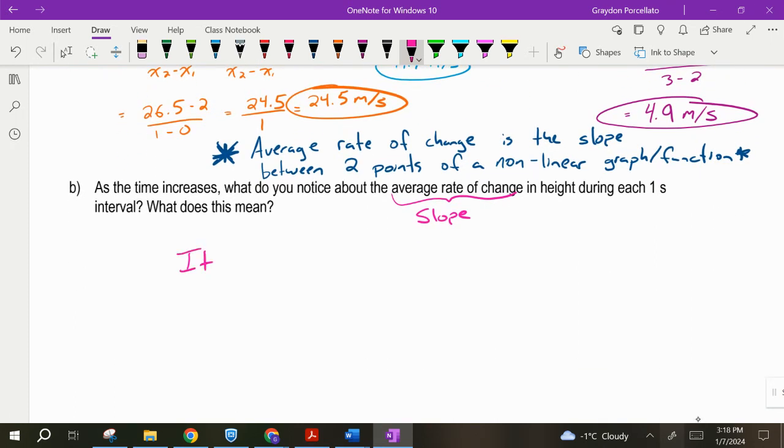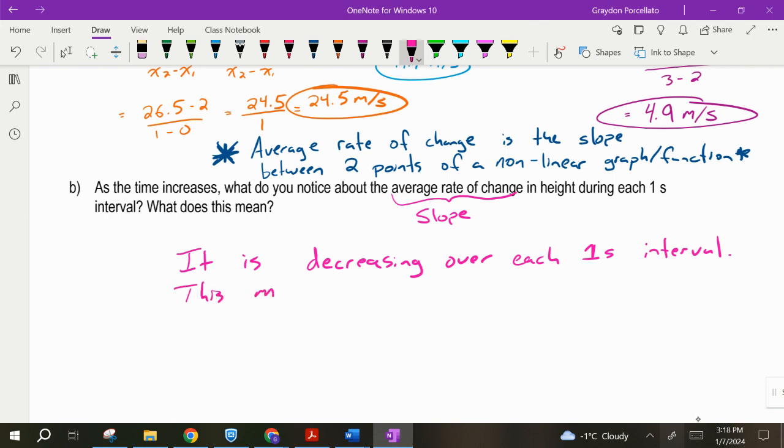It is decreasing over each 1 second interval. Period. What does this mean?